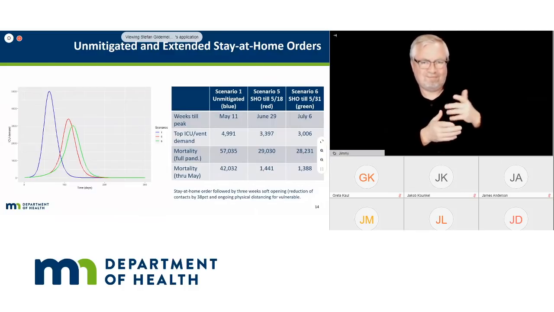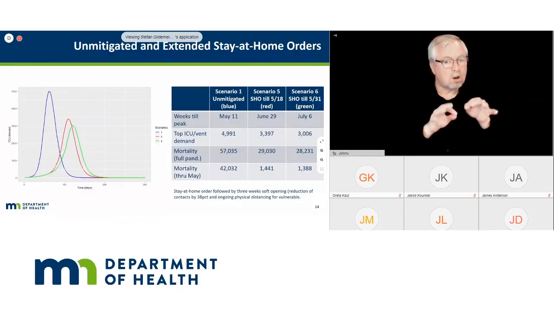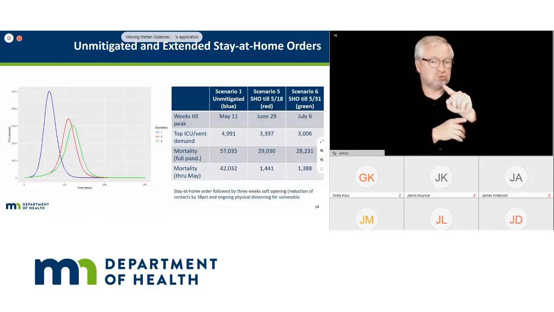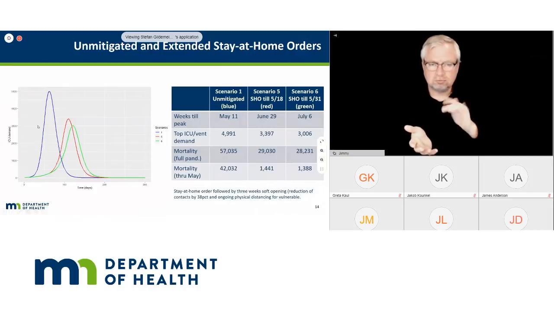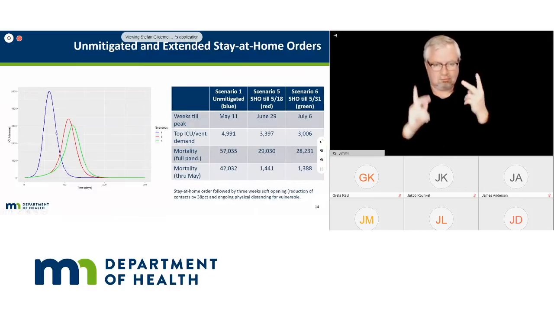And then scenario 6 takes that hypothetical scenario and pushes the stay-at-home order out through 5/31. And then what you see is what you would expect, I think, since you've been good students of our work to date.